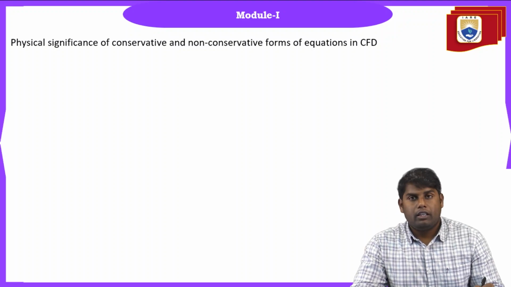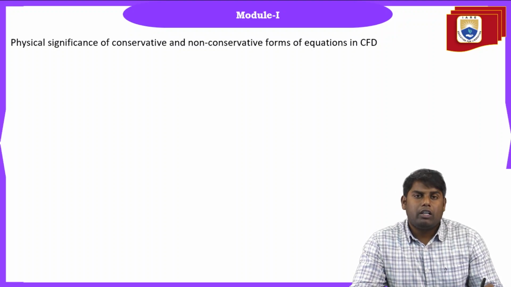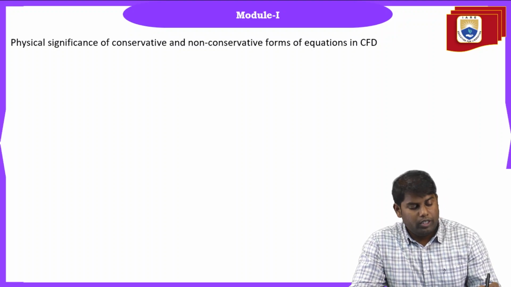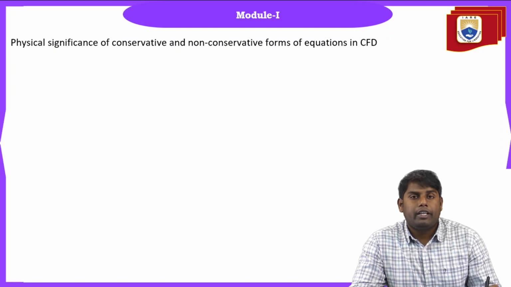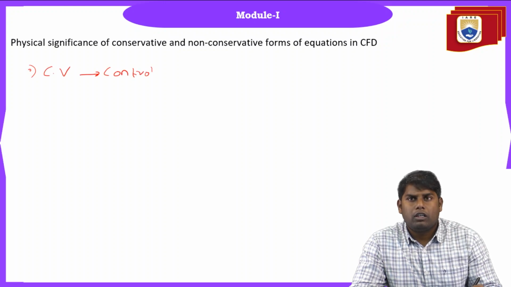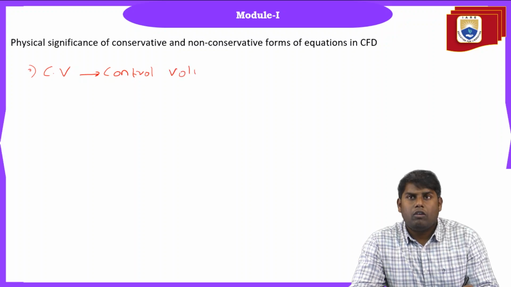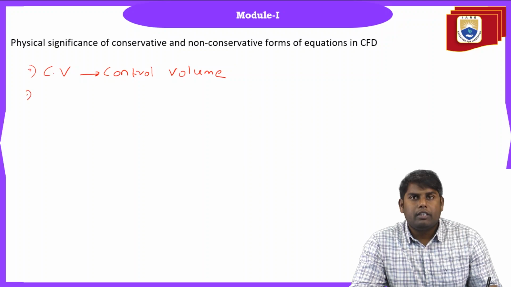So here, as we discussed, there are four types of defining the fluid flow. One is called CV, which is control volume approach. The other one is fluid element.